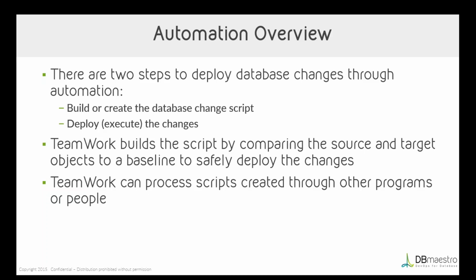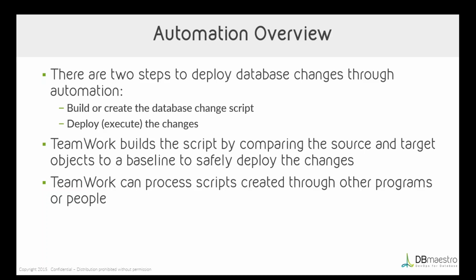But building your own script means manual work, so that's not really automating. But if you have scripts that the developers like to write, or maybe you get a script from a third party, you can still execute that script and get it audited and recorded in the change control, even though DBmaestro didn't build the script for you.